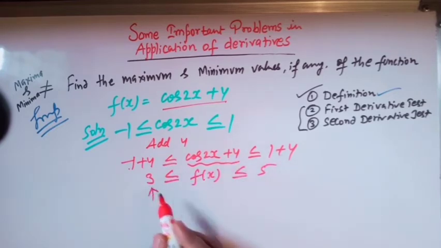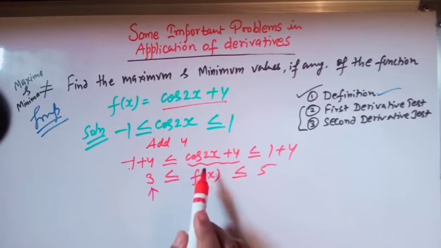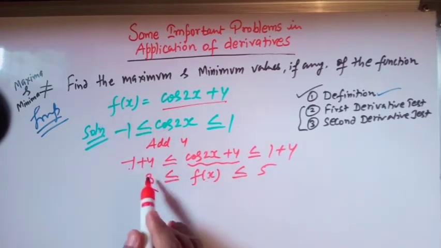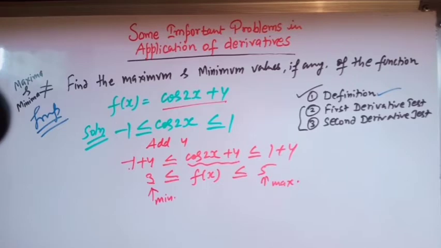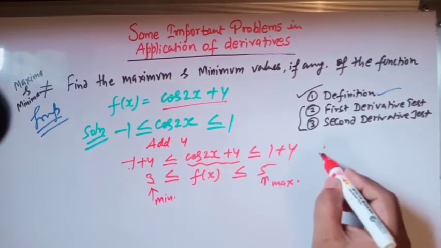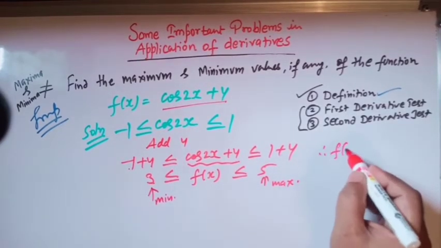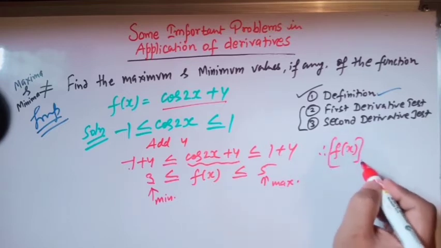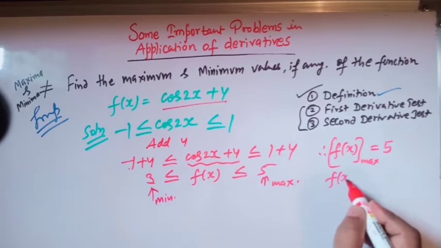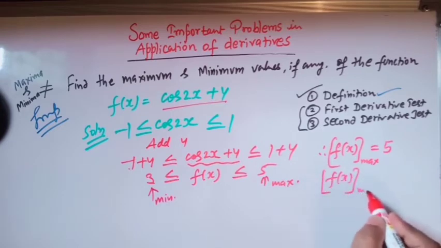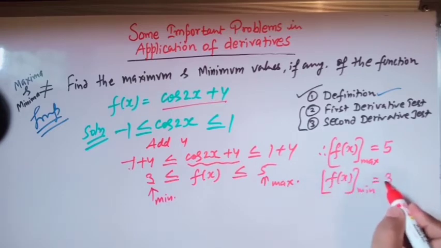So now we see that the function f of x lies between 3 and 5. So this is the minimum value and this is the maximum value, right? So we can write the f of x maximum value is 5 and f of x minimum value is 3, right?